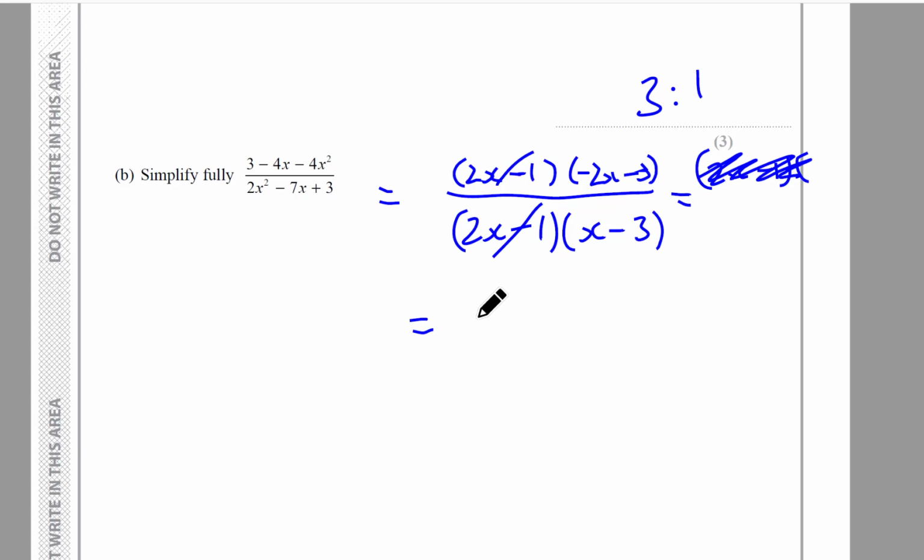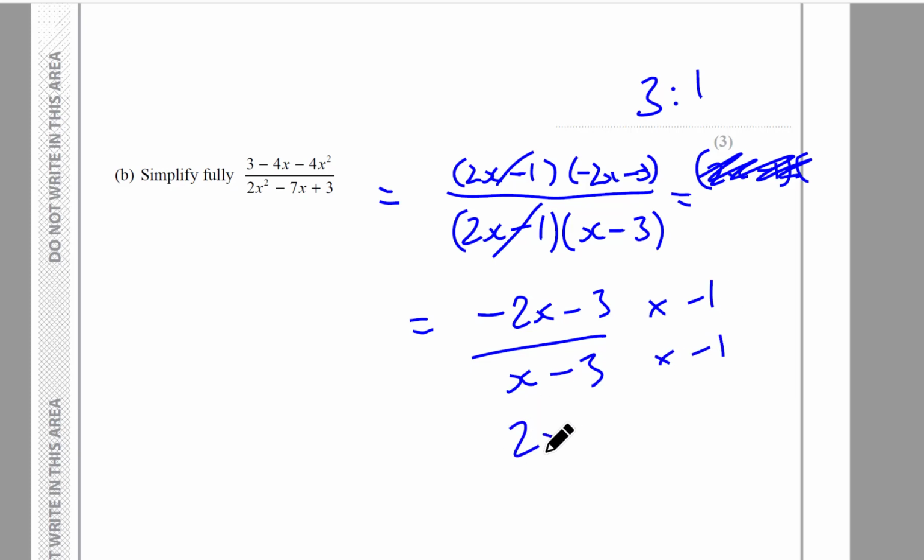So anyway, you would get minus 2x minus 3 over x minus 3, and I know they like you to have positive terms, so you could just times top and bottom by minus 1.